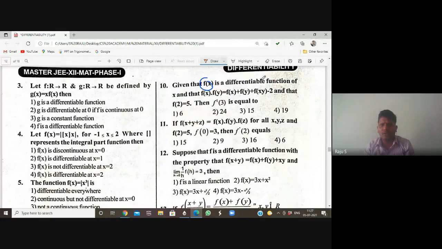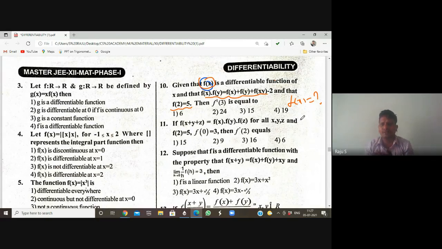No, they did not give an f of x. So first, with the help of the given condition and the given values, we need to find the f of x value. After finding f of x, differentiate f of x and you are going to get f dash of x. In f dash of x, replace x value by 3. I'm using the given condition.